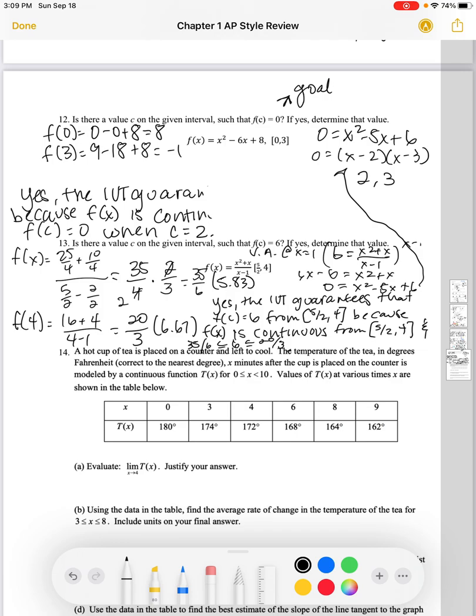And again, just like it was on the last problem, not all of them fit in the range. x equals 2 is too small, so 2 gets crossed off here. And so 3 is my only answer. So coming back down here into my sentence, I'm going to say that f of c is equal to 6 when c equals 3.